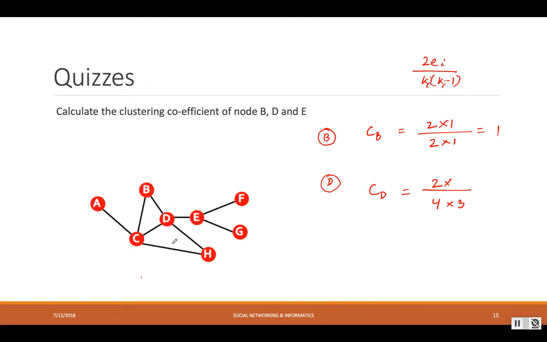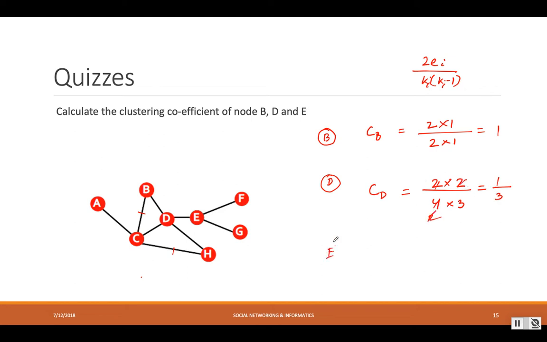Between B, C, H and E, how many connections, how many edges are there? You can find one, B, C, and C, H. So 2. So now this is 2 by 12, which is 1 by 6.